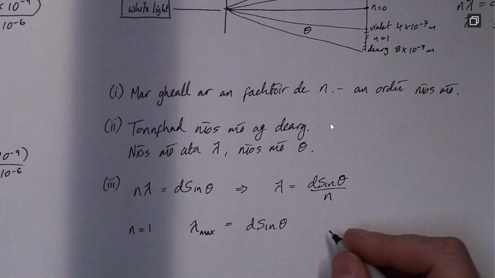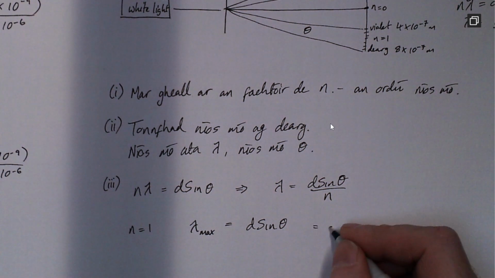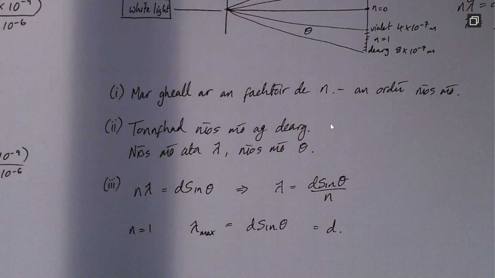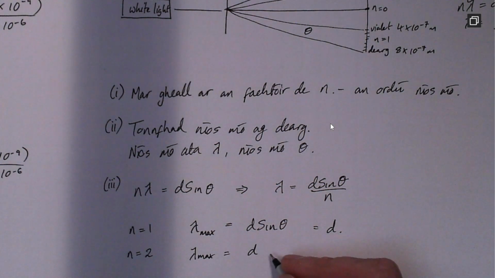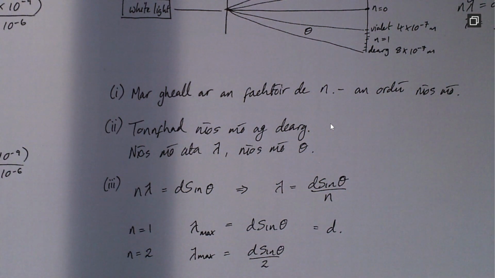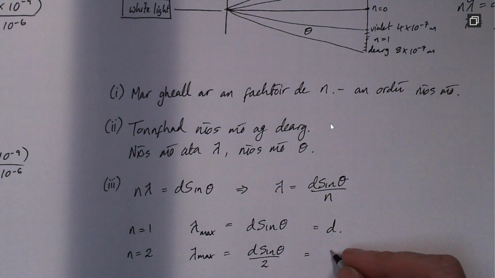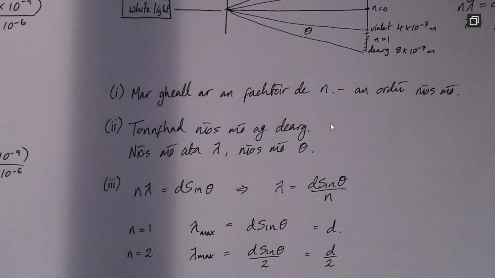So lambda max equals d over n, where d is the diffraction grating spacing. In the first order n is 1, so lambda max is d. In the second order, it is d over 2, so it's half the grating spacing.